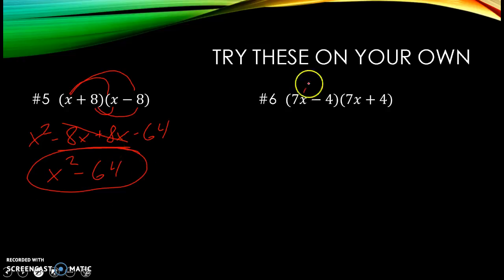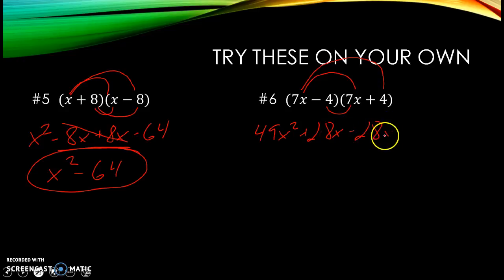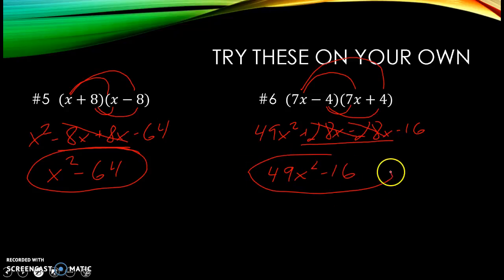In number 6, I'll do the same process. 7x times 7x is 49x squared. 7x times 4, well, that's 28x. Then negative 4 times 7x is negative 28x. And negative 4 times positive 4 is negative 16. So when I combine like terms, a negative 28x and a positive 28x cancel each other out. And my final answer is going to be 49x squared minus 16.